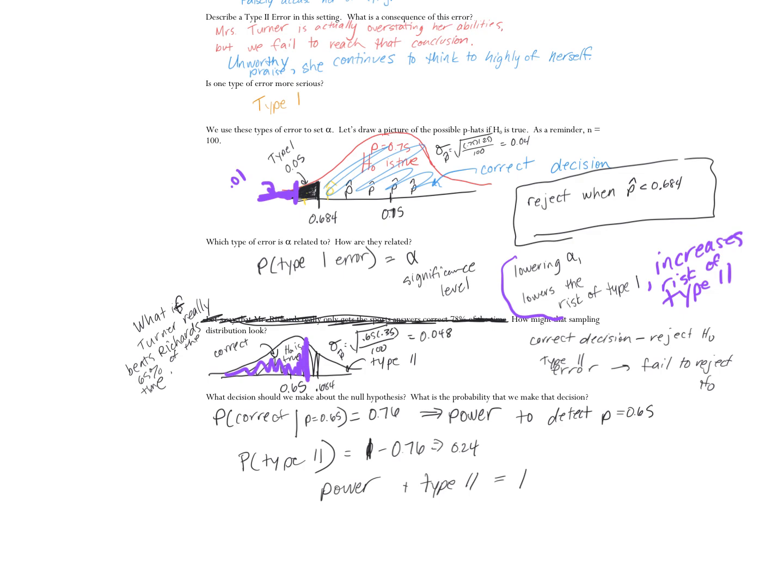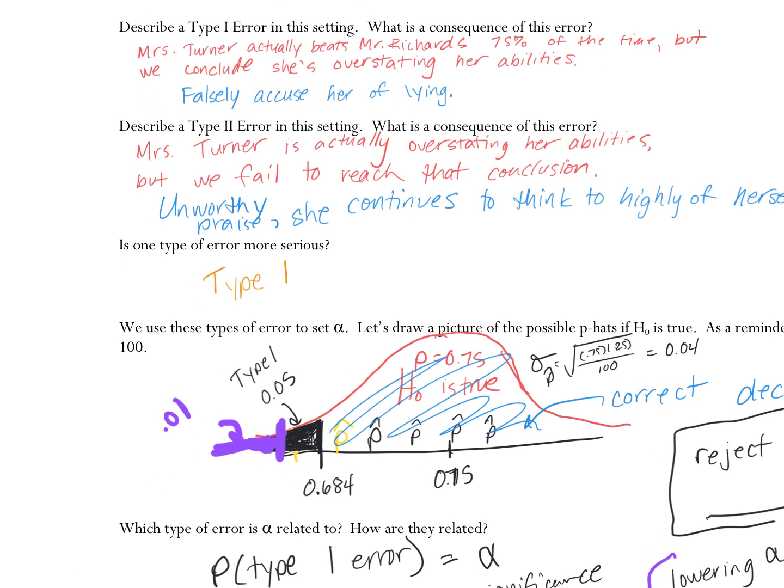So remember how we kind of said which one is more serious? If a type 1 error is more serious, that would make us want to have a lower alpha. If a type 2 error is more serious, if we're more willing to make a type 1 than type 2, we might use a higher alpha. So, in terms of which alpha should you use, if it's not given to you, go ahead and use alpha equals 0.05. Okay? And the College Board will not expect you to set alpha based on these errors.